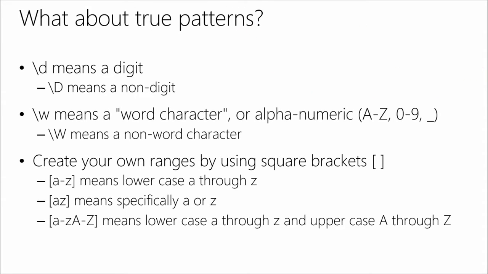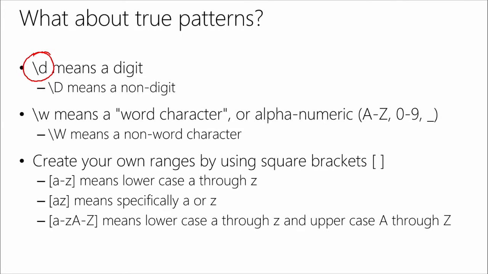Well, what you're going to notice is that regular expressions give us a lot of different ways that we can express a pattern. For starters, you're going to notice the backslash, which is a very common escape character, and that's what it is in regular expressions. A backslash lowercase d, so small d, means digit. And a backslash capital D means non-digit.